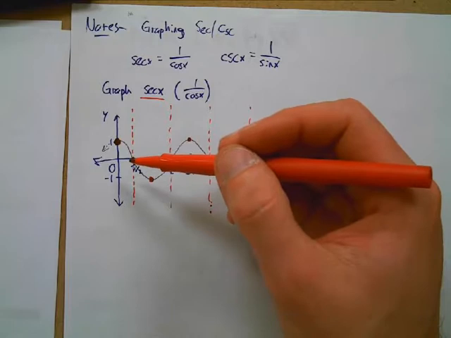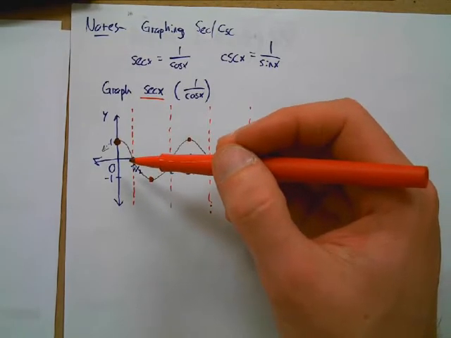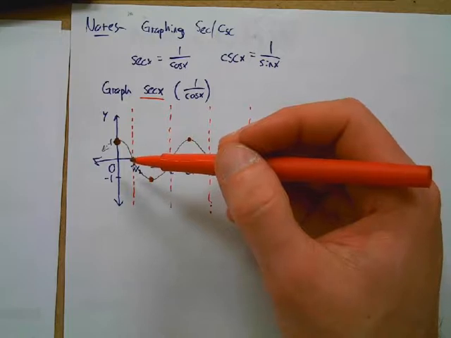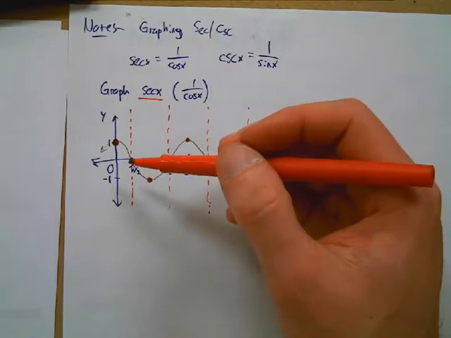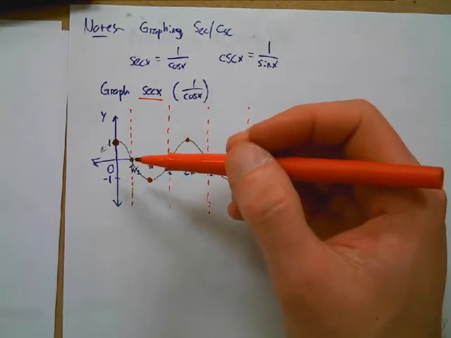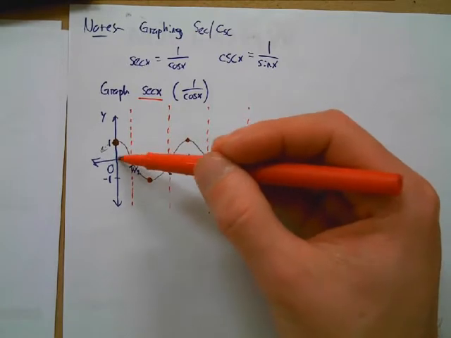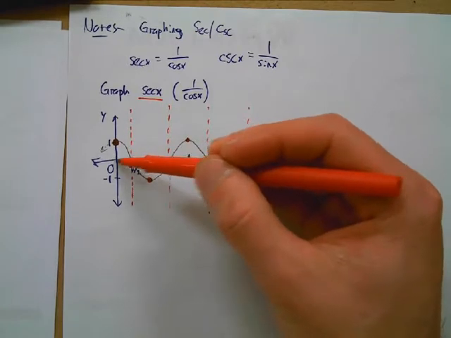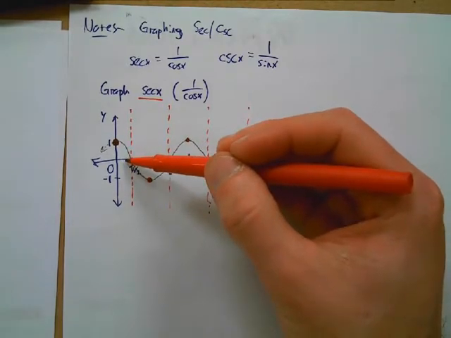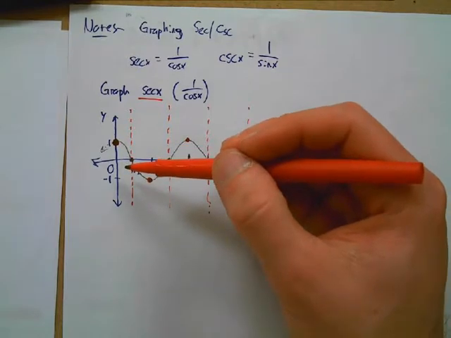But let's do cosine of pi over 3, which is 1/2. Pi over 3 is a little bit closer to pi over 2, and we expect that to be about 1/2, and that's about halfway there, right? What is the reciprocal of 1/2, though? 2. So at pi over 3, secant is going to be 2, so something like up here.